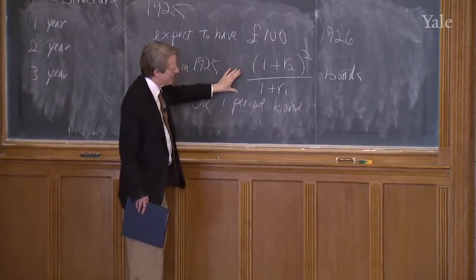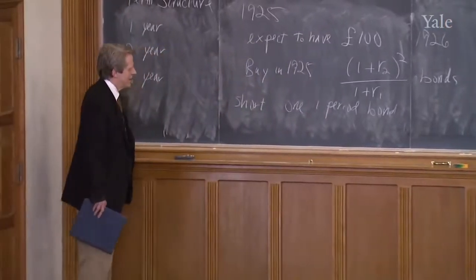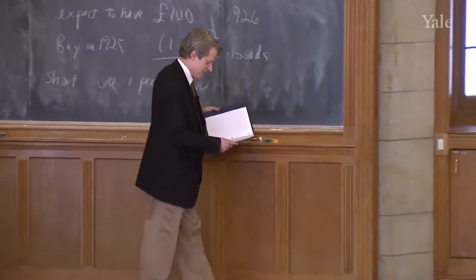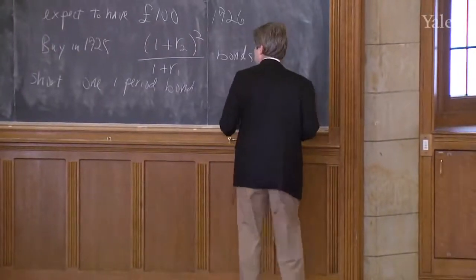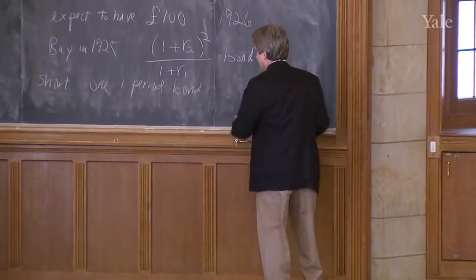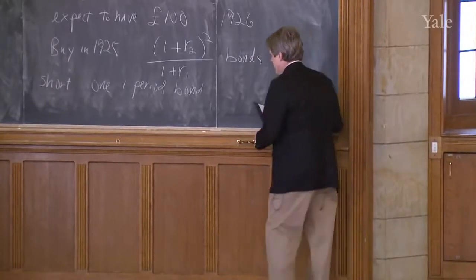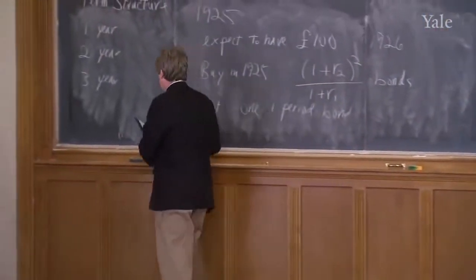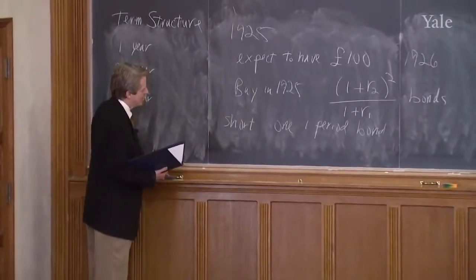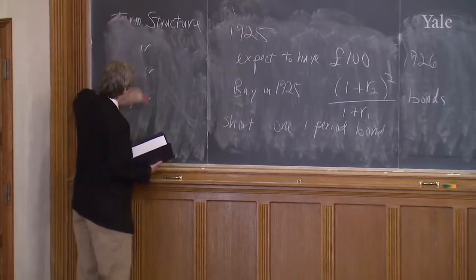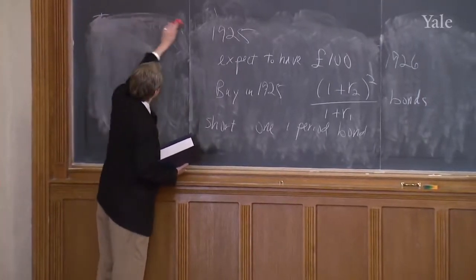Because this is the number of bonds that I bought. So what is the return that I get? The return that I get is the ratio. We'll call that the forward rate between 26 and 27 as quoted in 1925.